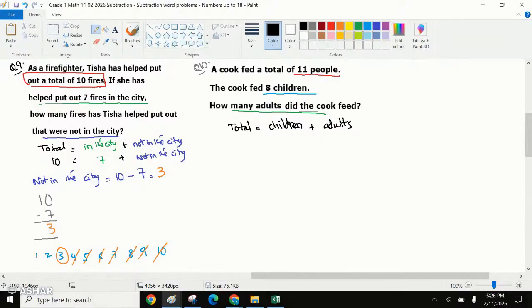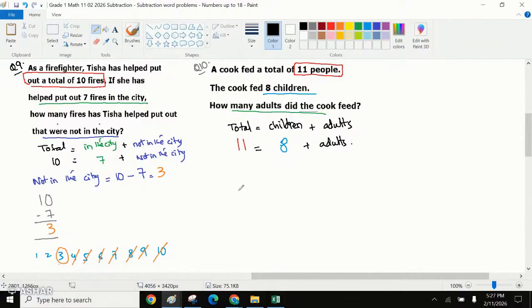If some are children, then some are older people. There were a total of 11 people that were given food. Out of those 11, only 8 were children. But then the remaining would be the adults that we don't know how many there are.